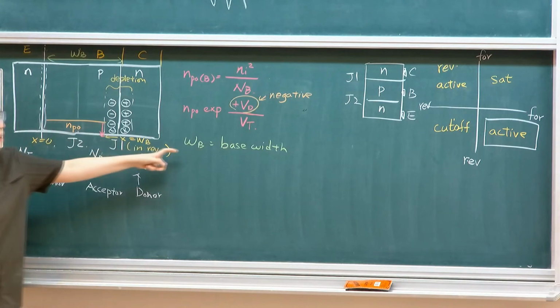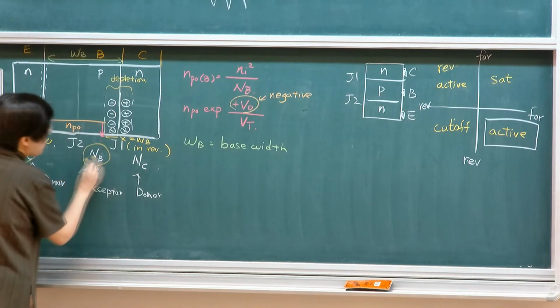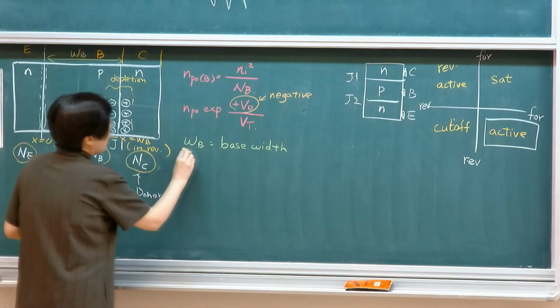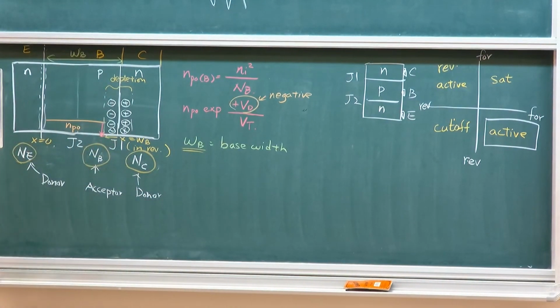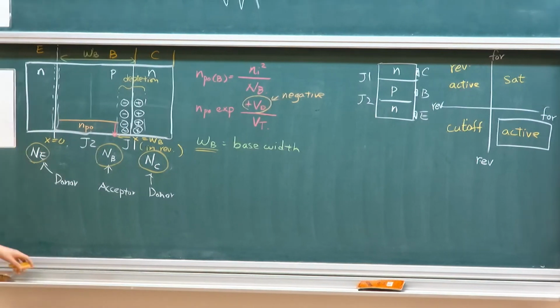So we have base width defined, we have doping level defined, and we can start to discuss the characteristic of the bipolar junction transistors, okay? So these are key parameters, let me highlight. Doping concentration of the 3 regions and the distance between the 2 junctions. These are the key in engineering or discussing or analyzing a bipolar junction device, okay?